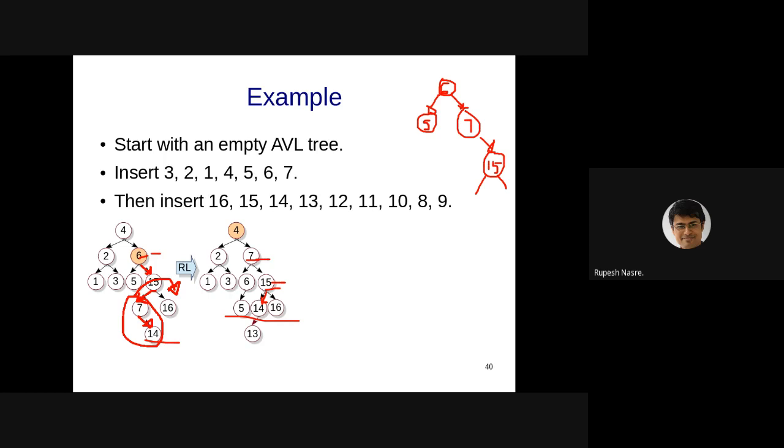And of course, the parent is also involved in the rotation in some sense. But since we are dealing only with that subtree, we say that the rotation happens at 15 in the first case, and rotation happens at 6 in the second case. Okay, good. Any other concerns, questions?